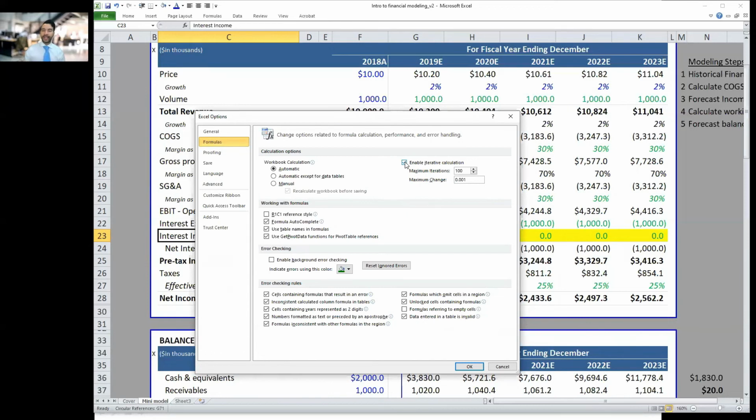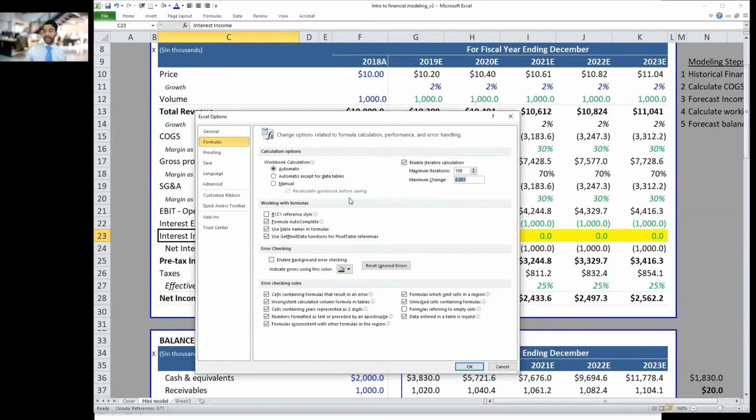This tells Excel that, yes, I want to make this calculation. It's intentional. So please calculate it for me and give me the answer. But as you're doing that, make sure you do the calculation at least 100 times, and you give me the numeric value closest to the 100th decimal place.